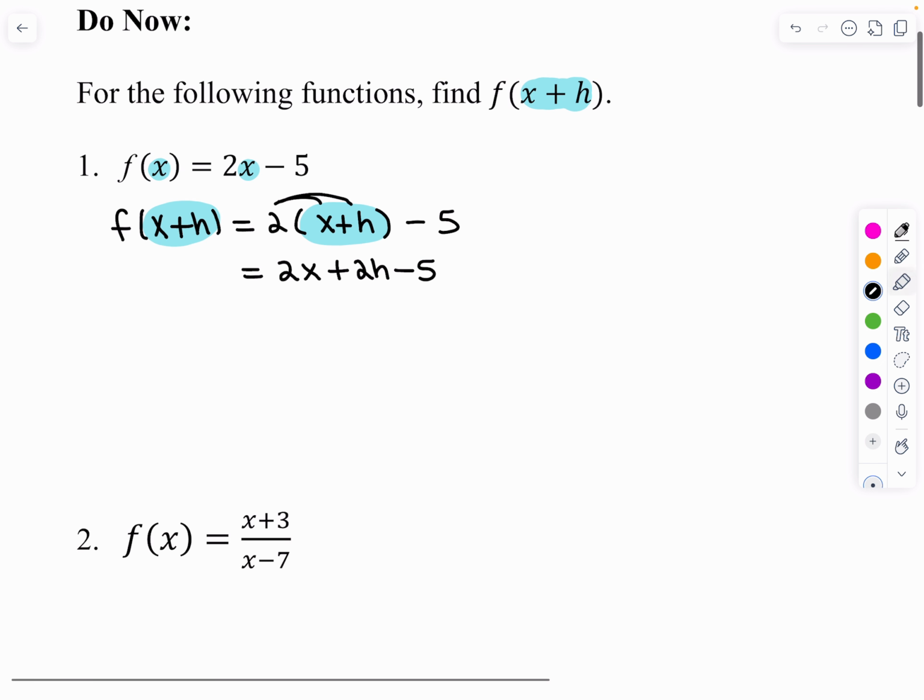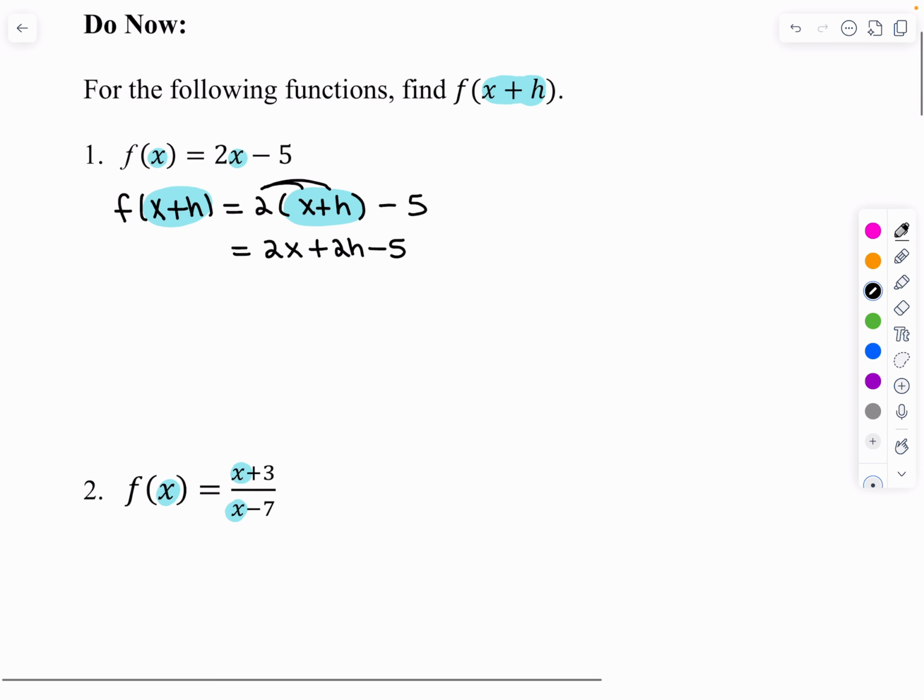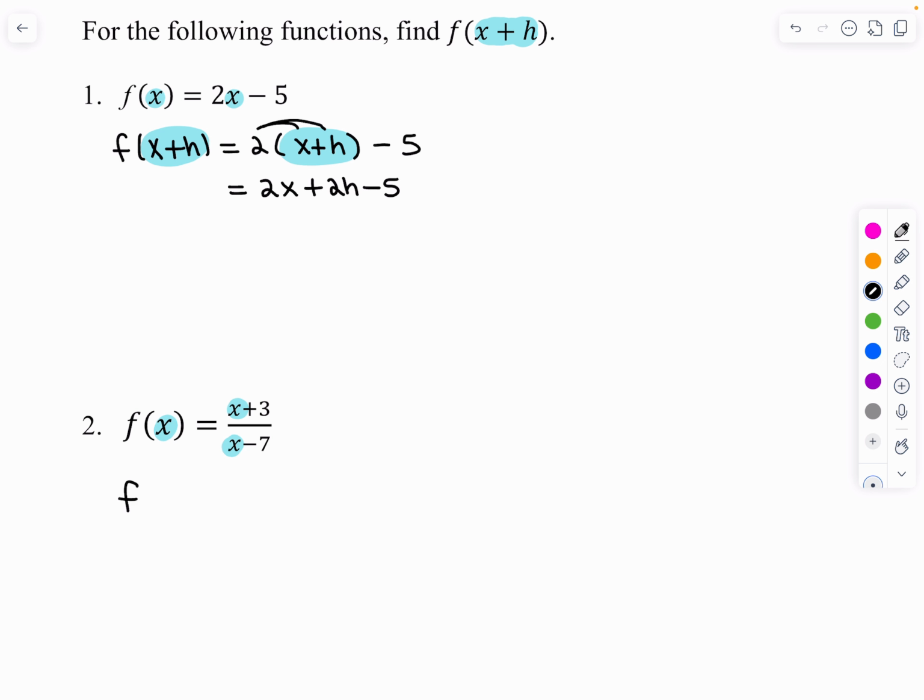Same thing for the next one. I'm replacing all the x's with x plus h. So let's see this, f of x plus h. So in the numerator of this function, we're adding 3 to the input. You don't really need the parentheses, but just to really stress where the x plus h is going, it's going in the numerator being added to 3, and it's going in the denominator, and 7 is subtracting from it.